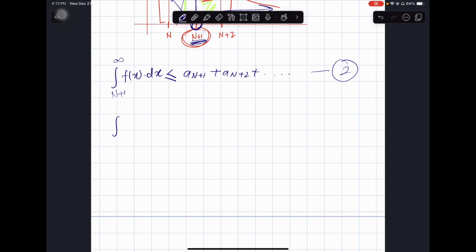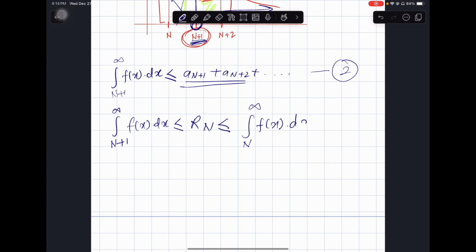This is what we get: the integral from n plus 1 to infinity of f of x dx is at most Rn, because they are Rn, which is at most an plus 1 plus an plus 2 and so on, which is at most the integral of f of x dx. I hope you got it.